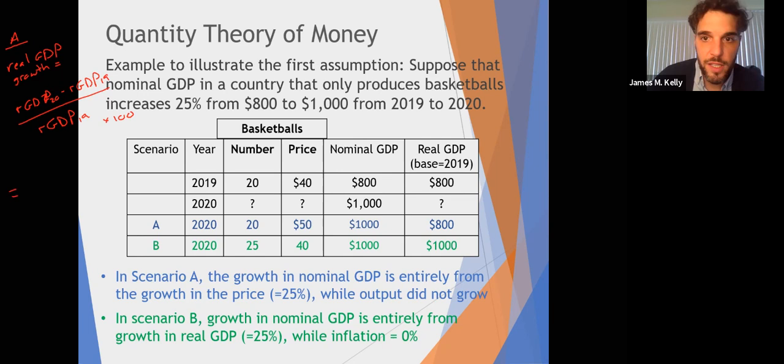When we plug this in, it's 800 for 2019 and real GDP in 2020 is 800. Therefore, 800 minus 800 is 0, and 0 over 800 is still 0, which means there's no growth in output in the first scenario.